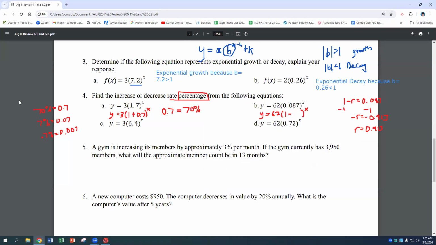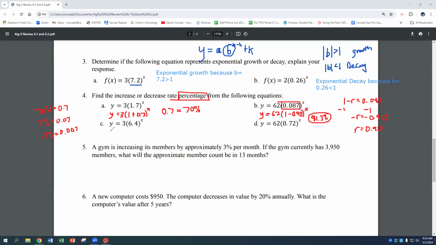Okay, so what that means is in order to get this decay factor, we need to do 1 minus 0.913, which means we are decreasing by 91.3%. Right, this is 8.7%. So to get 8.7%, you got to do 100% minus 91.3%.